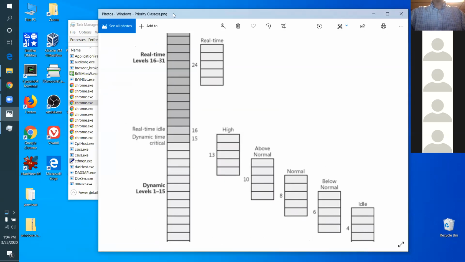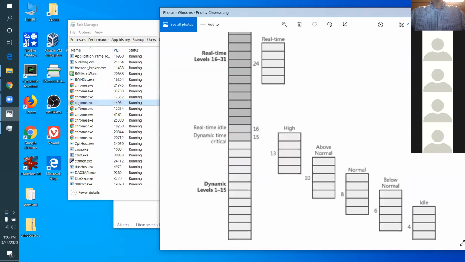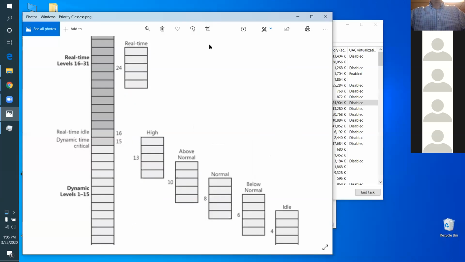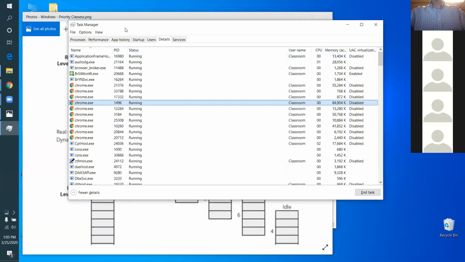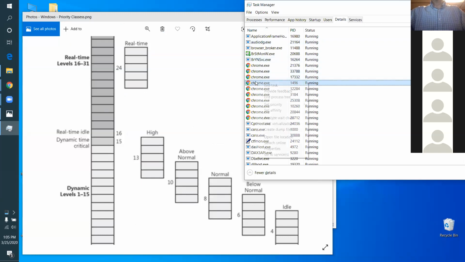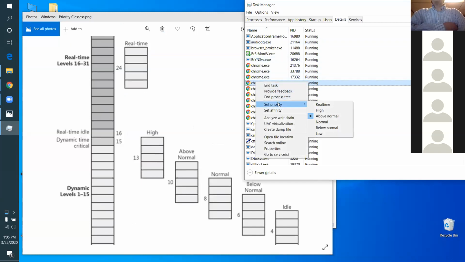So for example, this process says its priority is above normal. That means it's in this band somewhere. I don't even really know whether it's 8 or 12. Windows won't tell you, but it's in that band. So when you set a priority in Windows, you're setting the band of the process. So this Chrome process is in the above normal.